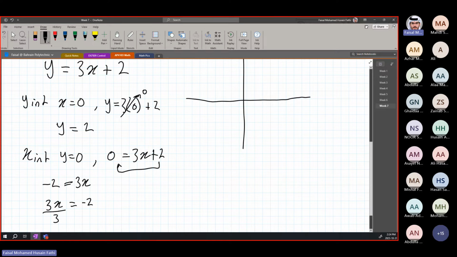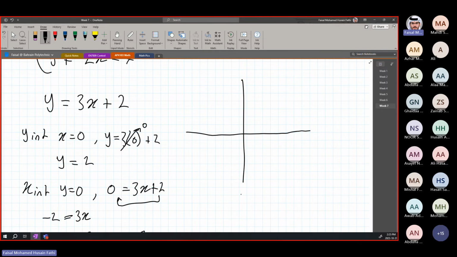We divide by 3 for both sides, and cancel the 3. Therefore, x is equal to minus 2 over 3, which, if you put it in the calculator, is minus 0.667.